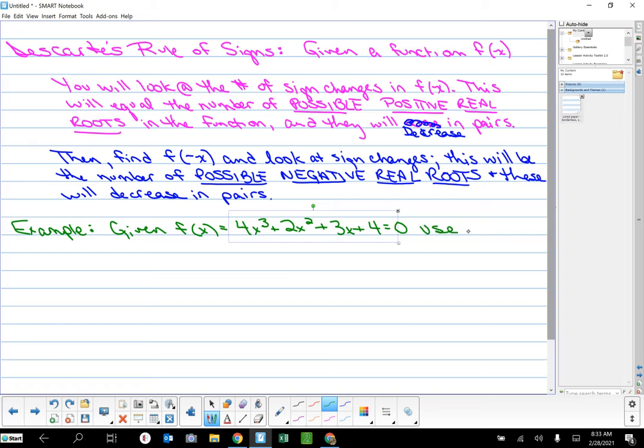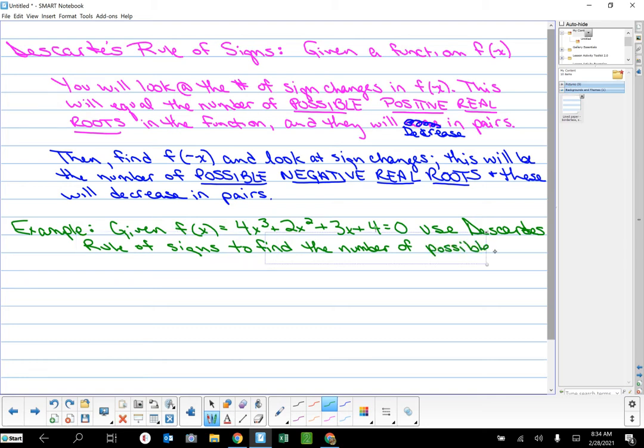Use Descartes' rule of signs to find the number of possible positive, negative, and non-real roots of the equation.